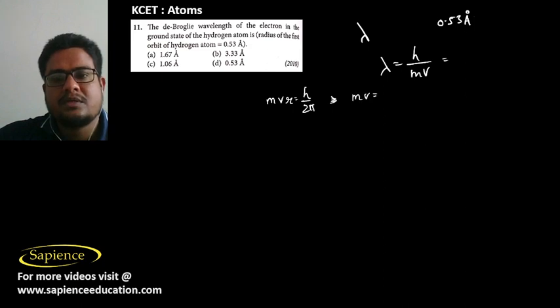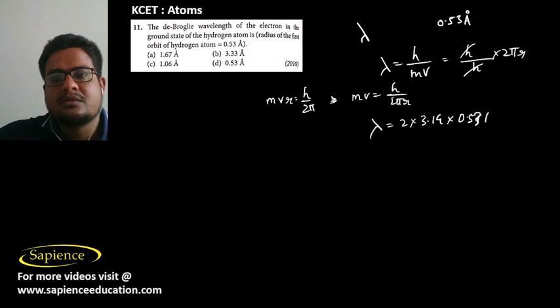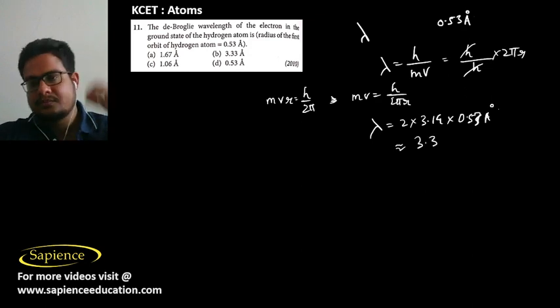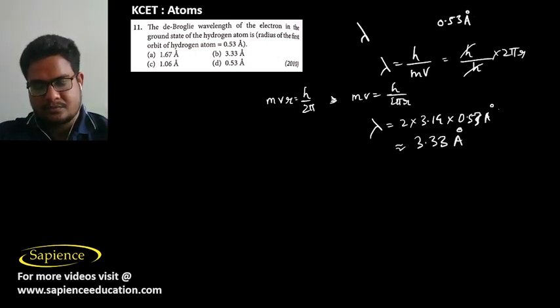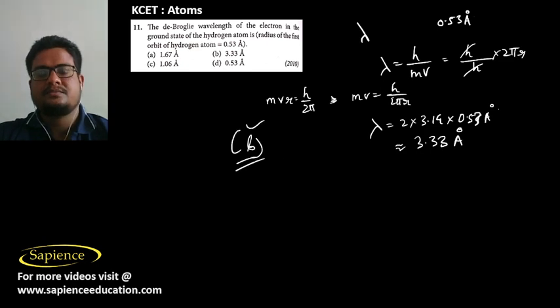So mv is equal to h by 2 pi r, and lambda will be equal to 2 pi r, that is 2 into 3.14 into 0.53, which is approximately 3.33 angstrom. So option B is the correct answer.